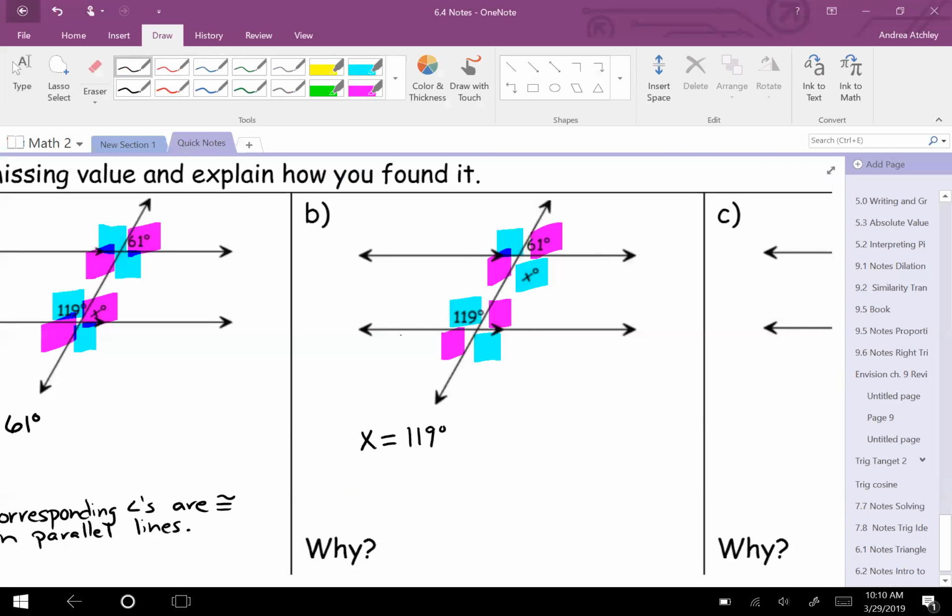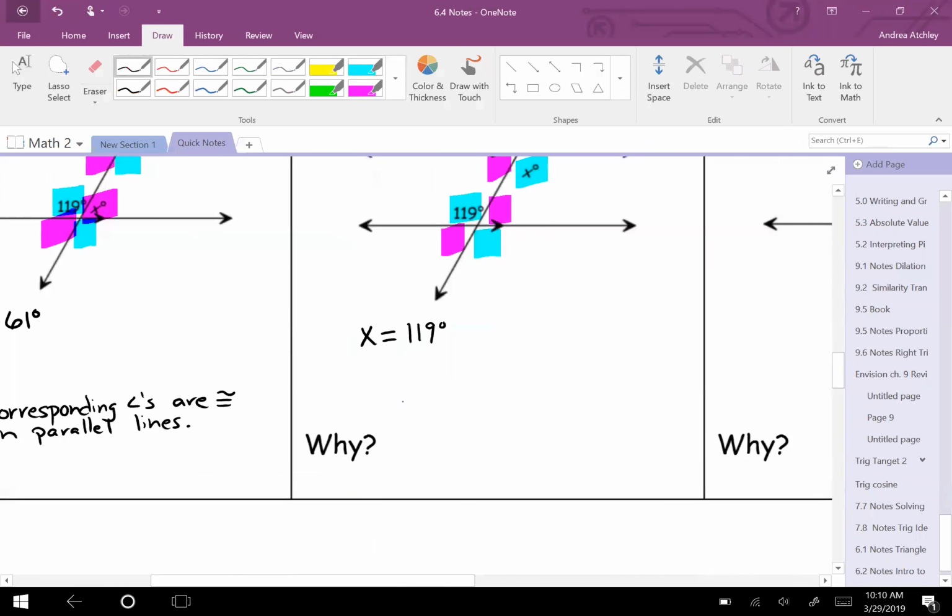Okay, are they alternate? Are they on opposite sides of the transversal? Yes, one's on the left, one's on the right of the transversal. Are they exterior, outside the lines, or are they inside the lines? Inside. So these are alternate interior angles.